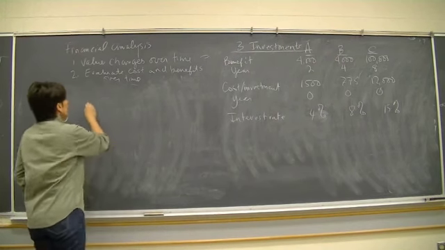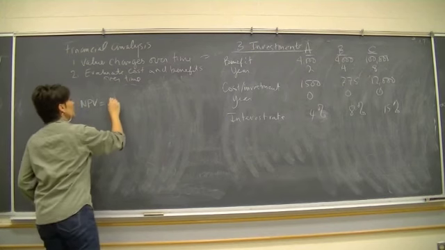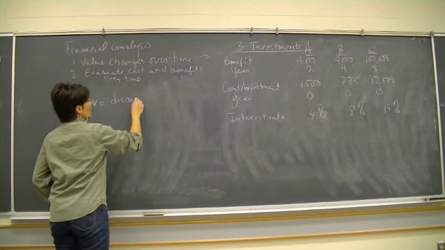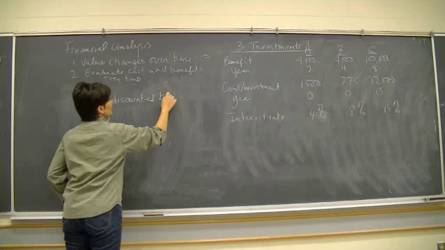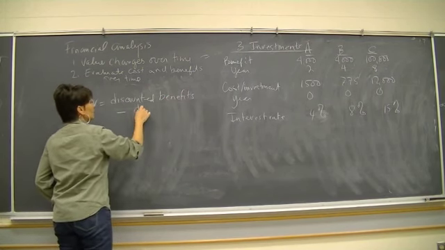So if you're going to calculate the net present value, you need to calculate discounted benefits minus discounted costs.